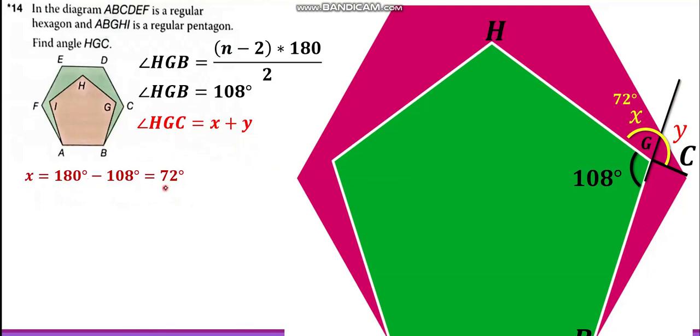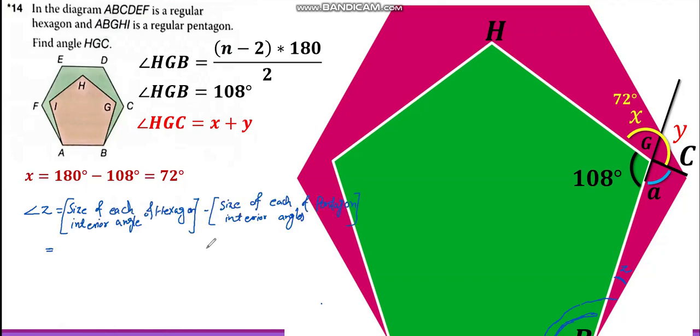Now we have to find the size of angle Y. To calculate Y, first we need to find this angle over there, which we can name A. To calculate the size of angle A, first we will again consider the interior angles of this pentagon and hexagon at this point. So first let's find this angle over there. Let's call it Z. To calculate Z, we will subtract the size of the interior angle of the pentagon from the size of the interior angle of the hexagon.